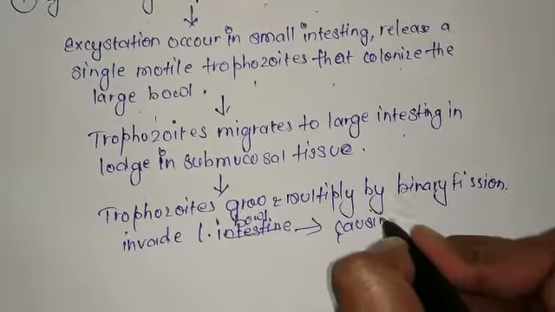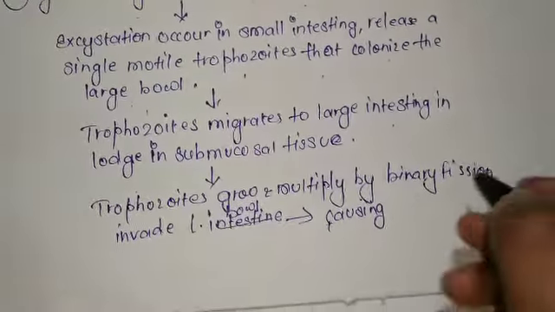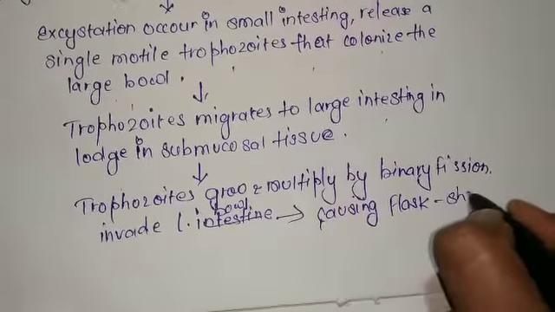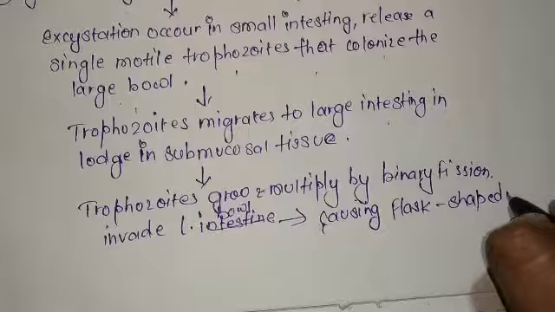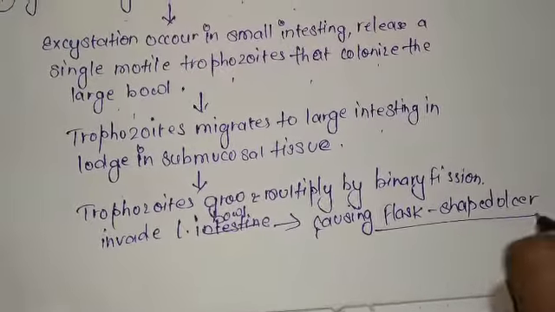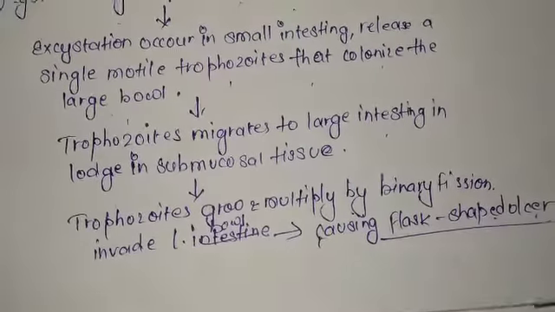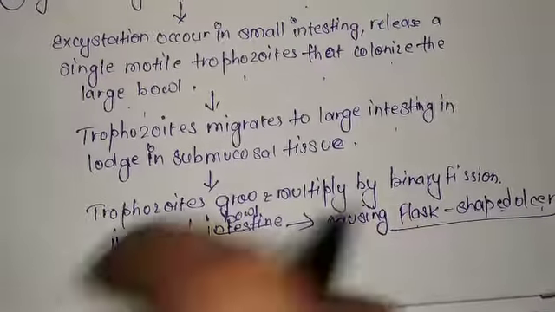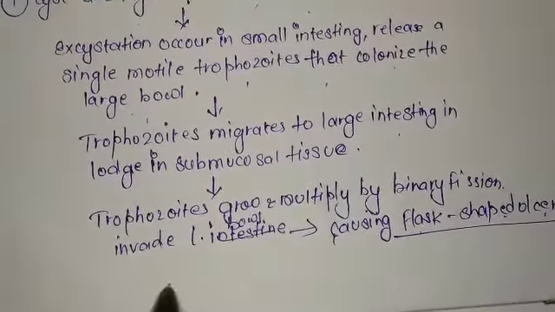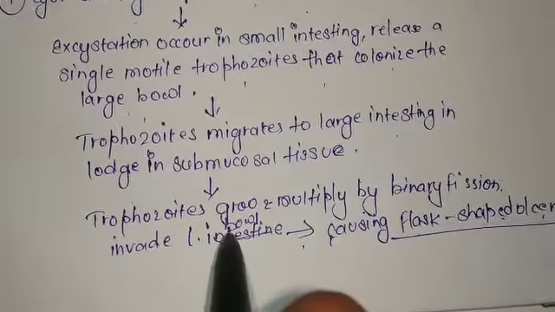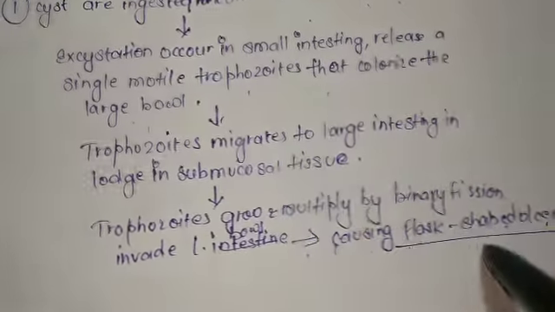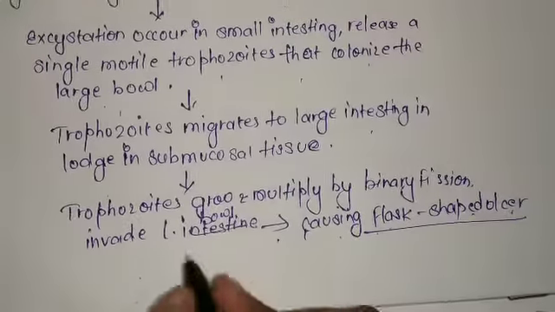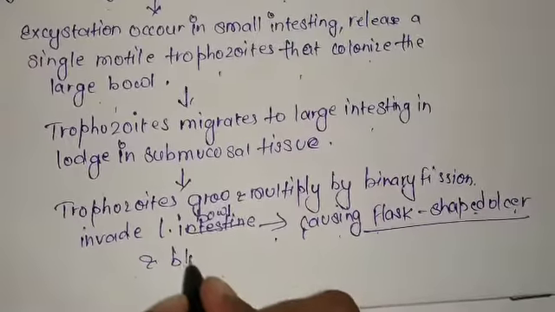While invading the large intestine, they cause a flask-shaped ulcer. This should be noted: the flask-shaped ulcer is caused when the trophozoites, after multiplication, invade the large intestine, and that person may get bloody diarrhea.